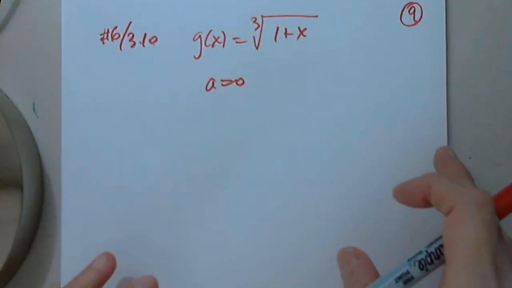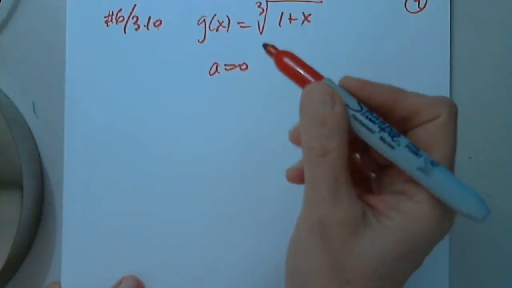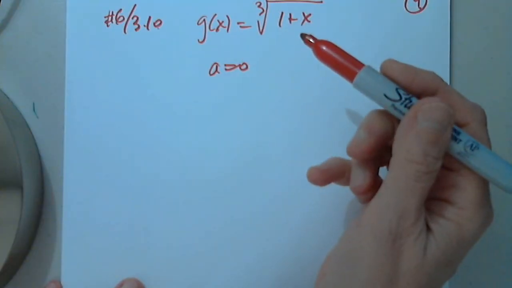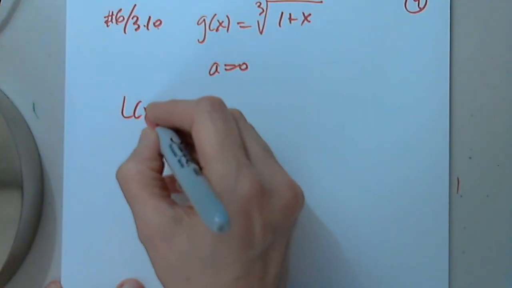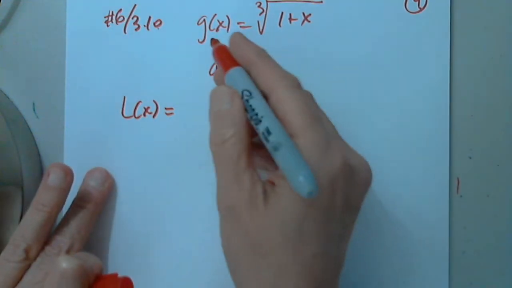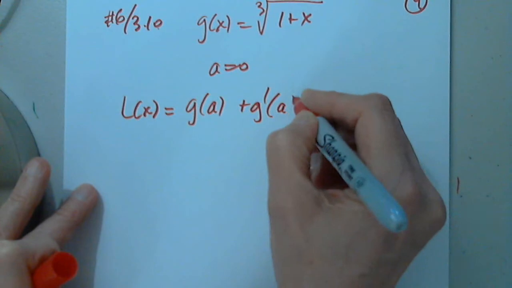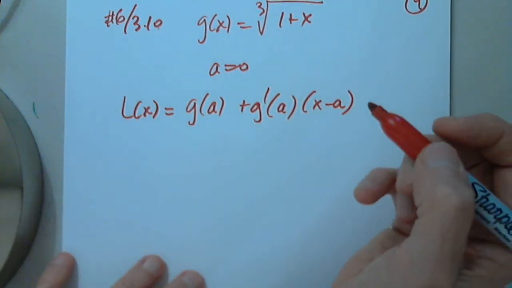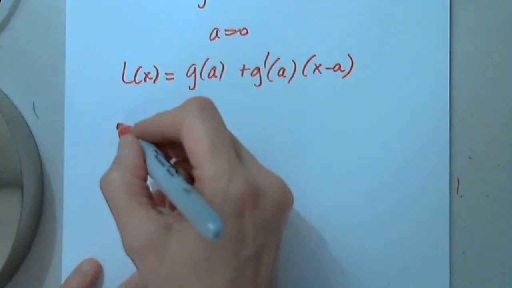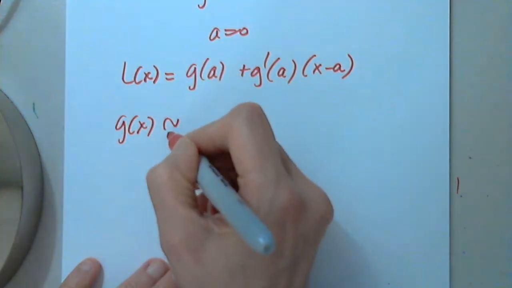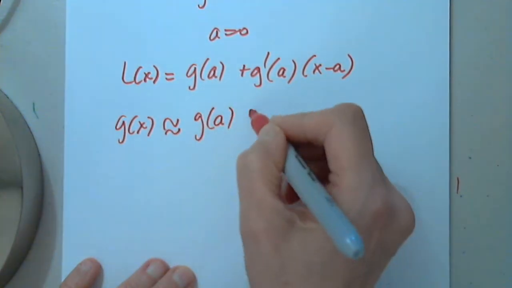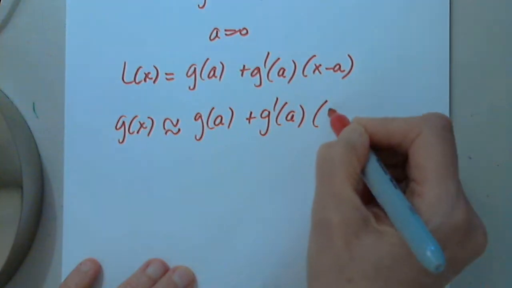Perfect. So we want to look at the linearization. So the linearization is, as I mentioned, in this case with g, doesn't matter, g of a plus g prime of a times x minus a. But this is also the same thing as g of x is approximately g of a plus g prime of a times x minus a.